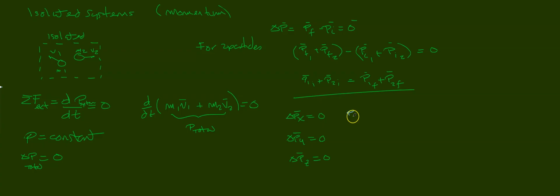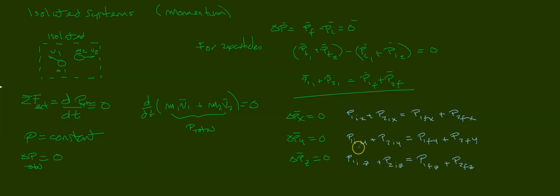Momentum 1 initial in the x-axis plus momentum 2 initial in the x-axis is equal to momentum 1 final in the x-axis plus momentum 2 final in the x-axis. And the same thing here. So I just put all the equations to spare you the pain of watching me write all those symbols in what is now a subscript festival.